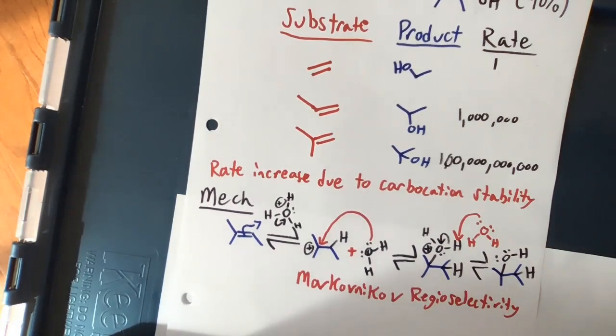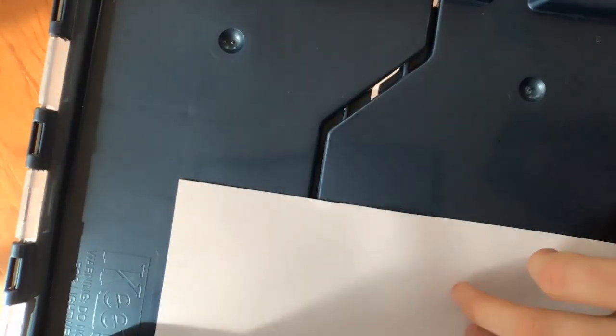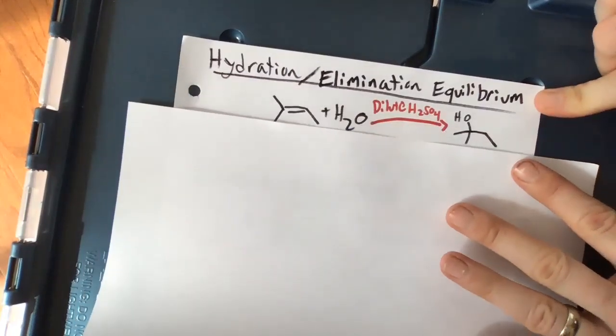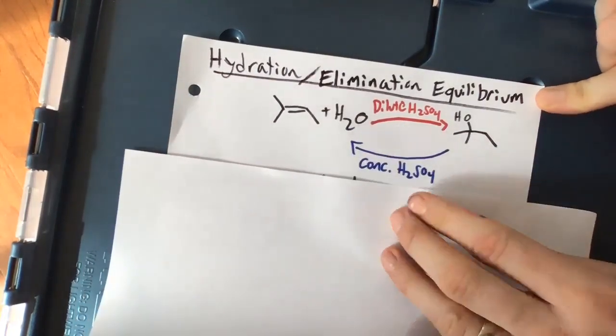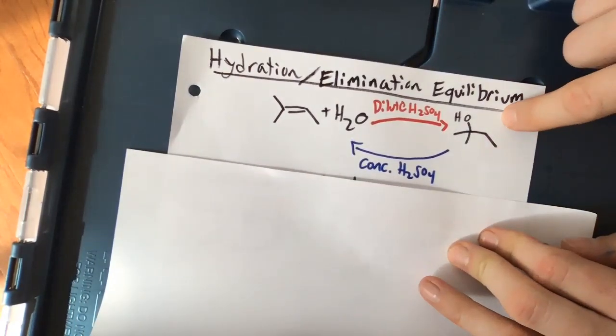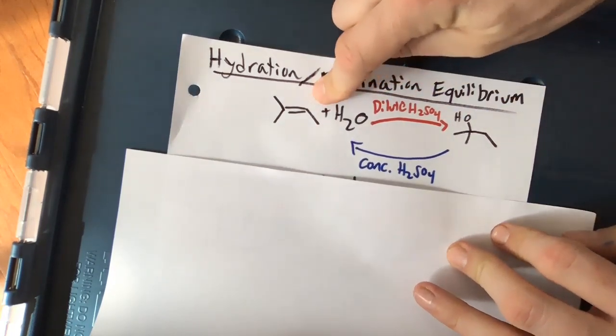But what's interesting about hydration of alkenes is that there's an equilibrium here that we need to think about. Because if you remember, in the eliminations chapter, chapter 7, adding concentrated H2SO4 to an alcohol allowed us to do an E1 type elimination to get the alkene back.